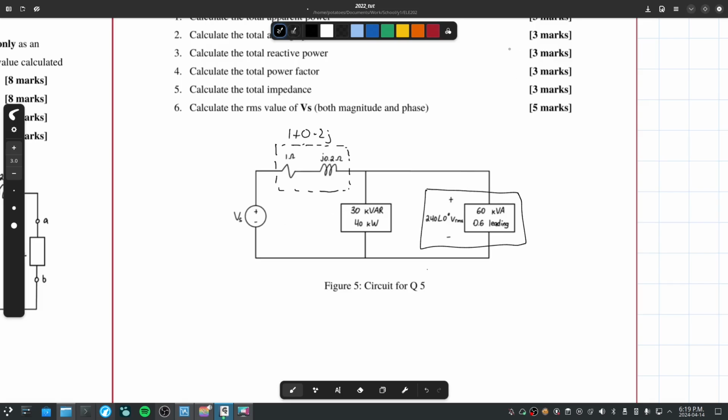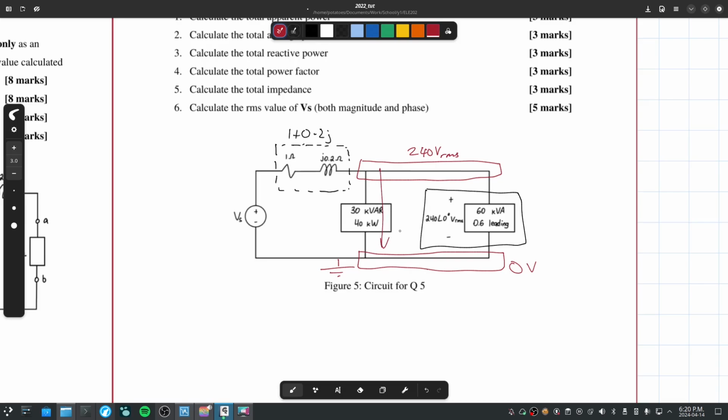Well, first of all, let's notice that this here is one node entirely, and this node here is one node entirely. This is 0 volts. We're going to say that this is the ground. So this here is 240 volts RMS, right?